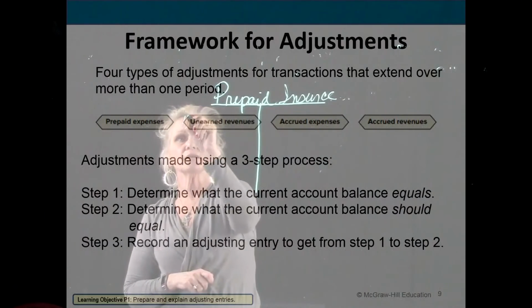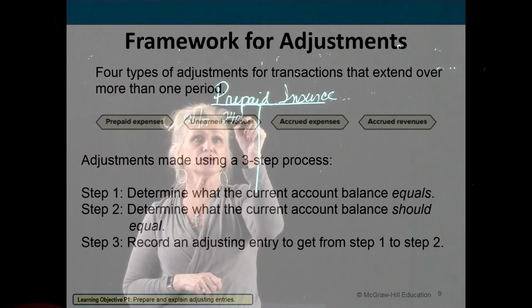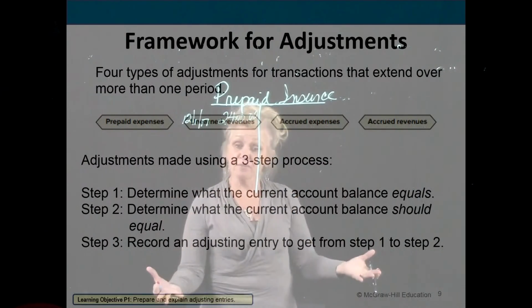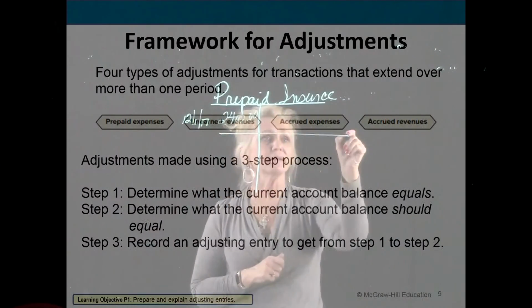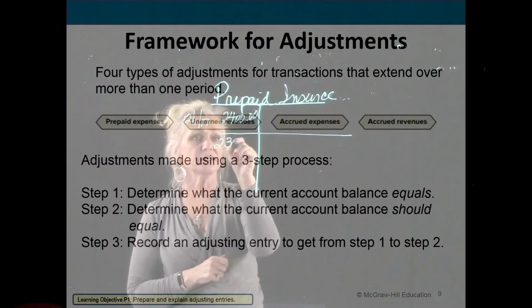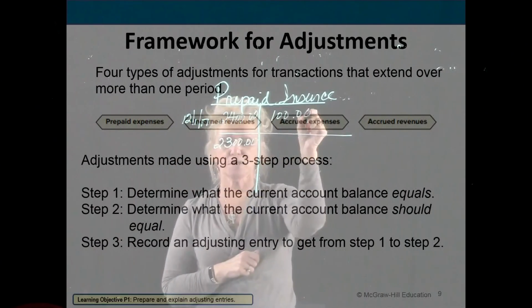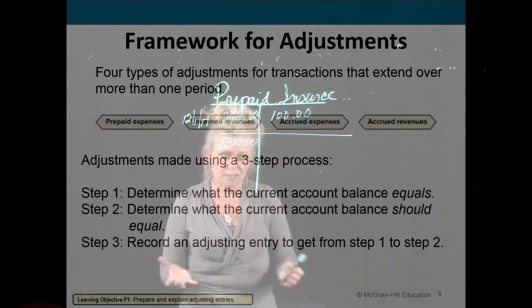We know that on 12/1/17, we paid $2,400. We knew that we had used 1 month up at the end of the year. It had expired. So we knew that our balance should be $2,300 now. So we reduce it by $100. So this is the whole basis of the framework for adjustments.